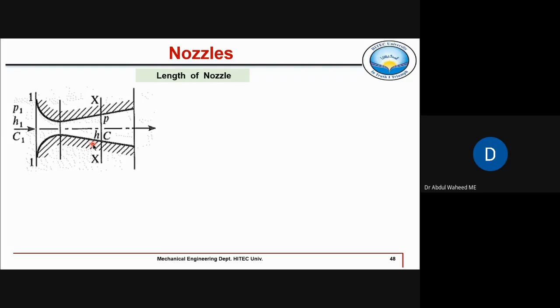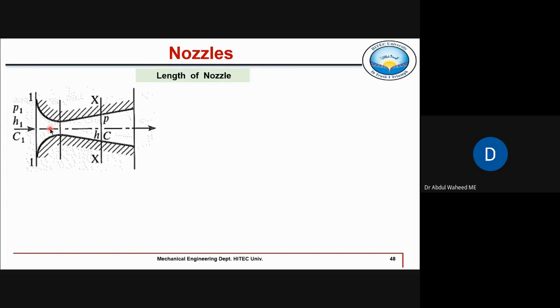So frictional losses are found to be more in this section after the throat, right? Because the velocities in this convergent section are much smaller than the velocities in this divergent section. So significantly high friction loss in the divergent portion of the nozzle is experienced compared to the convergent section.